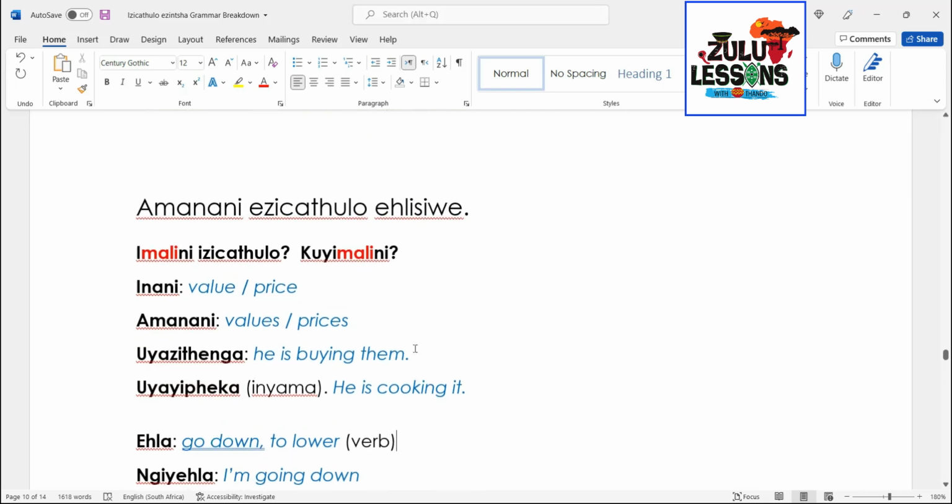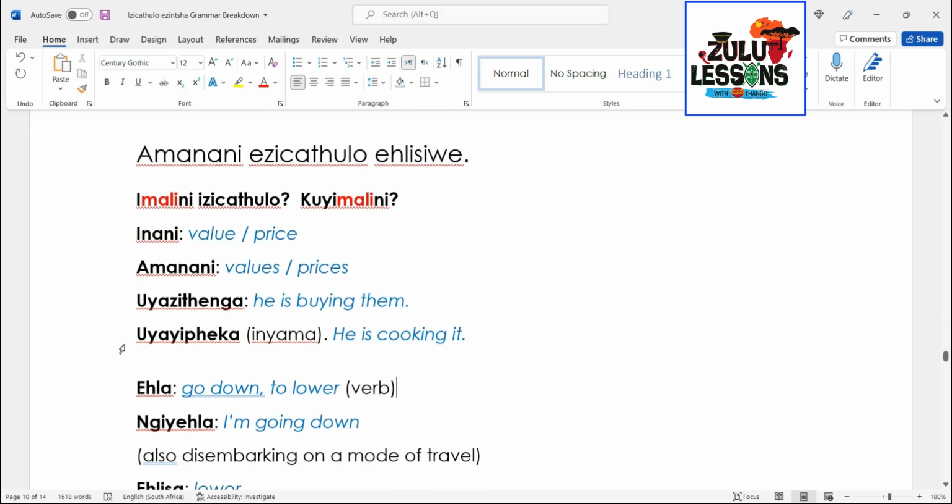Uyazithenga. This is from the sentence. There was a sentence that had this. What was the sentence? Udadewabo umthengela izicathulo zokudlala ibhola. So uyazithenga, he is buying them.